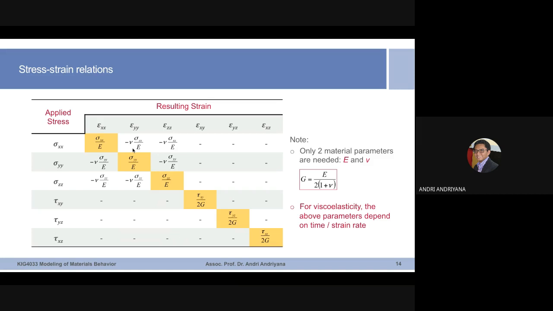While for viscoelastic materials, both will depend on time. So the most straightforward way to get the material model for viscoelastic response is by simply extending the linear elastic material model for viscoelasticity. So for viscoelasticity, the above parameters depend on time or strain rate.